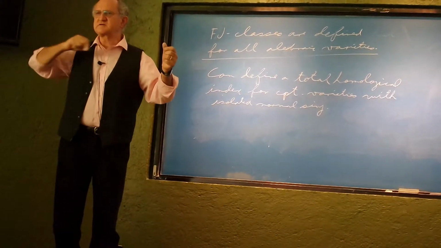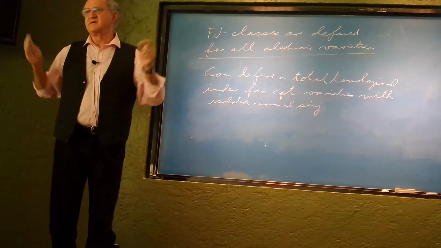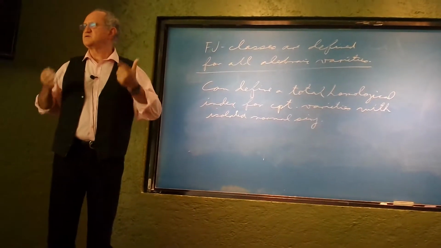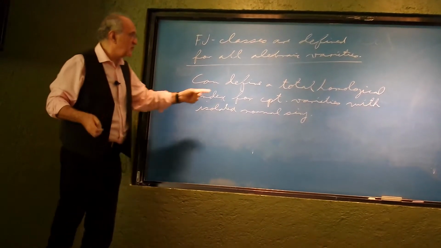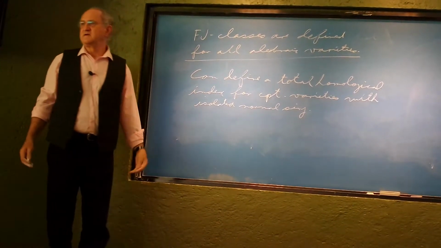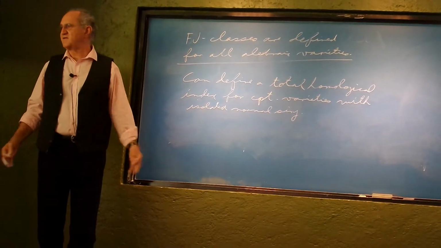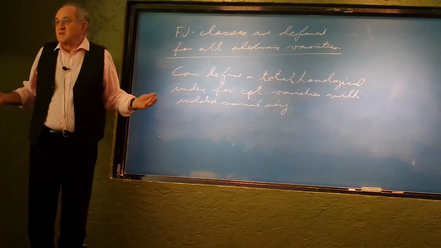You take the total sum, you get some number. And you show easily that that number does not depend on the choices. So it's something which depends only on the variety. So you get an invariant of the variety, defined always. What is that number?